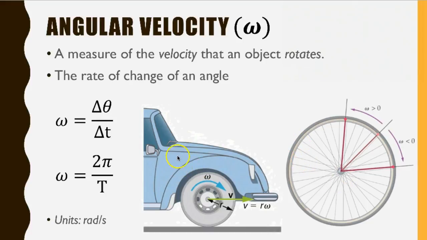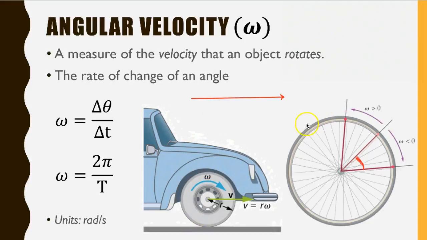It's measured in radians per second. So how many radians am I sweeping out per second? Typically, we refer to the direction, because with normal velocity, we typically refer to right or up as being positive, and down and left as being negative.